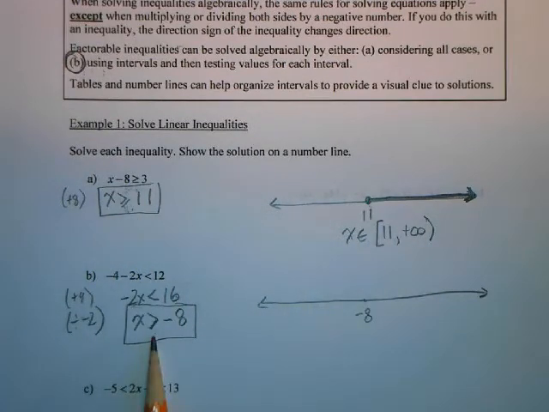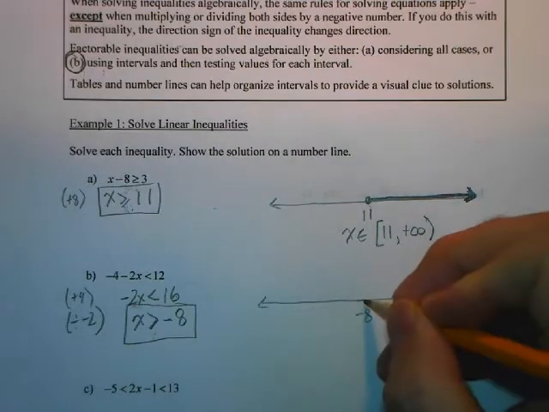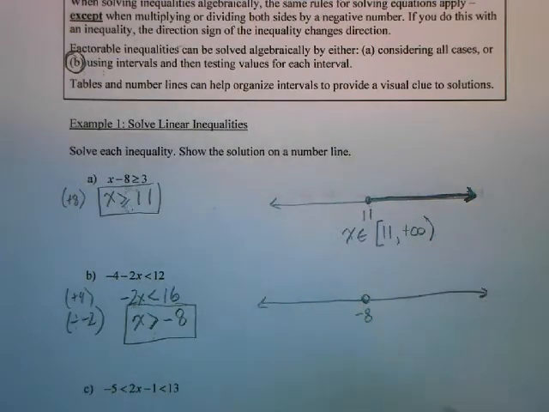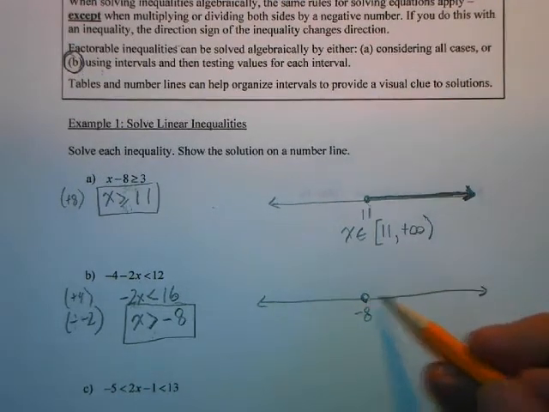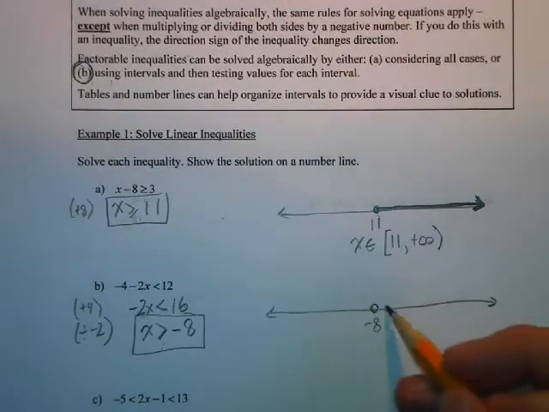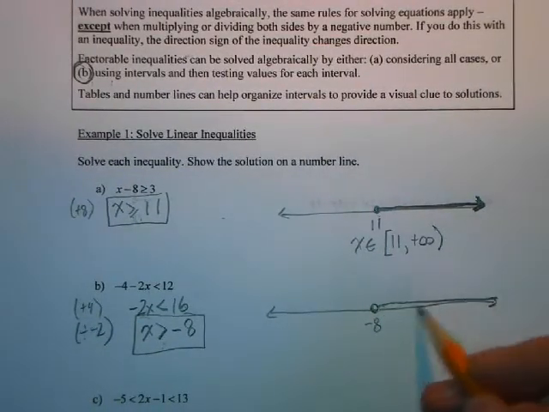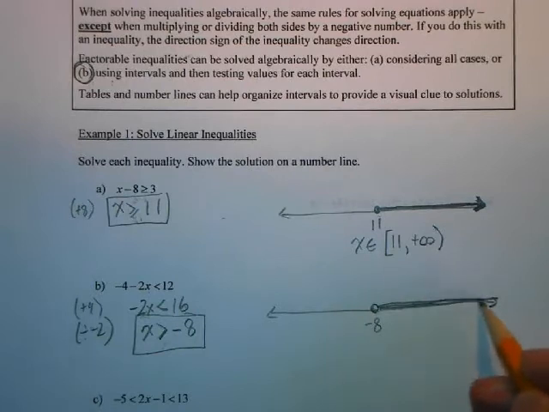When it doesn't include the number, you put an open circle. So you can exaggerate a bit, make the circle a bit bigger, so it's clear that it's an open circle. And it's greater than -8, so it's to the right. So again, I'm going to put my solid line going. Everything above -8 is part of the solution.